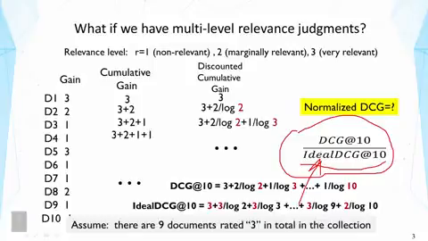Because if we don't do normalization, different topics will have different scales of DCG. For a topic like this one, we have 9 highly relevant documents. The DCG can get really high. But imagine in another case, there are only 2 very relevant documents in total in the whole collection. Then the highest DCG that any system could achieve for such a topic will not be very high.